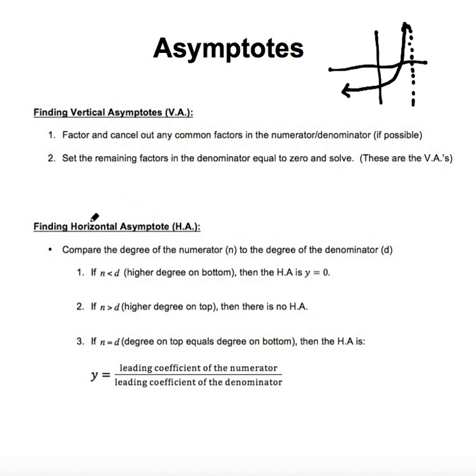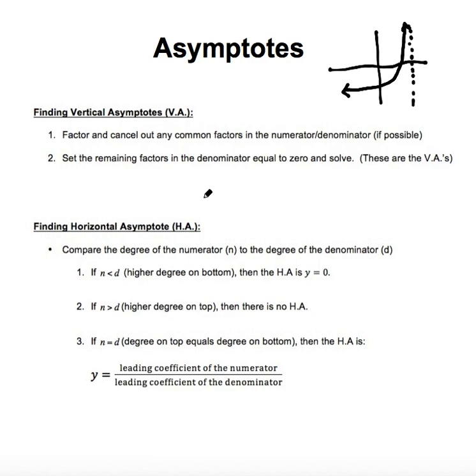Now, how to find them? How to find vertical asymptotes if you're given a rational function? First thing you're going to do is factor the numerator and the denominator, and cancel out any common factors that show up in the numerator and denominator. Sometimes there isn't anything that cancels out, so that's why I have if possible. So factor the numerator, factor the denominator, and cancel out any common factors.